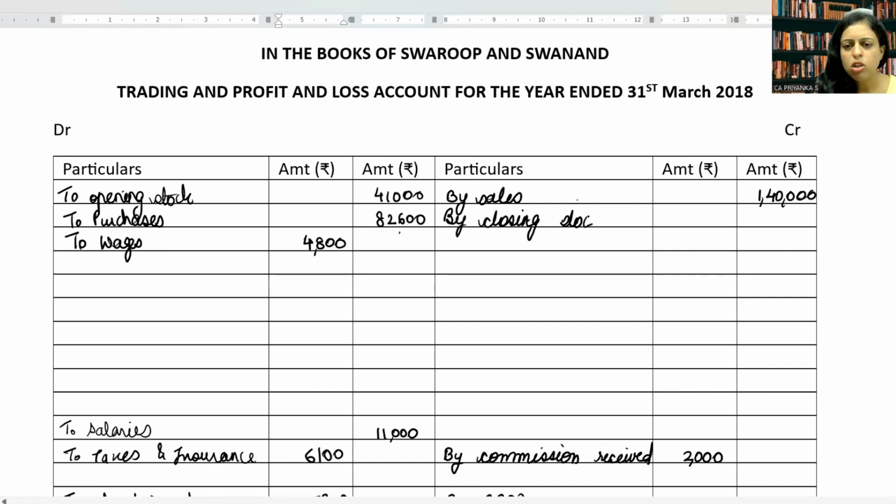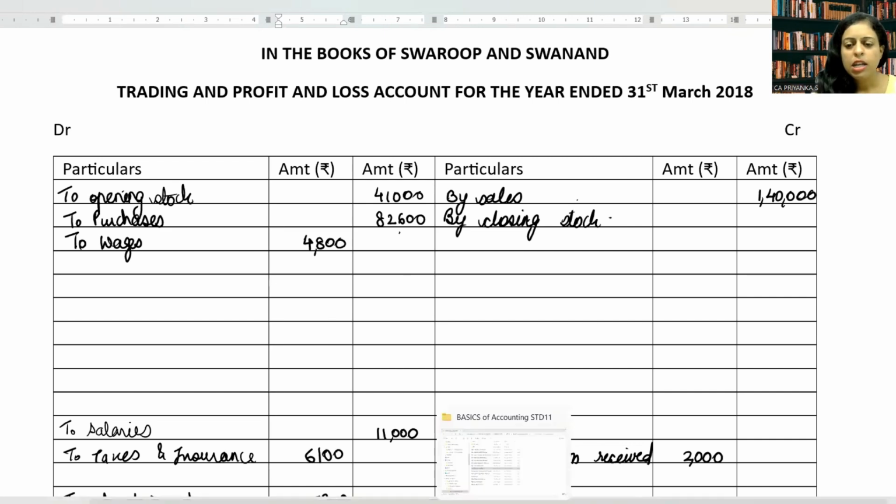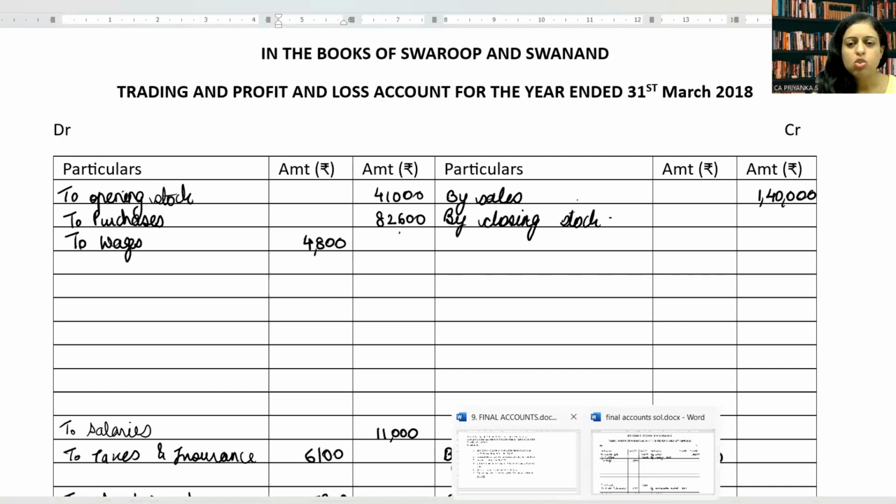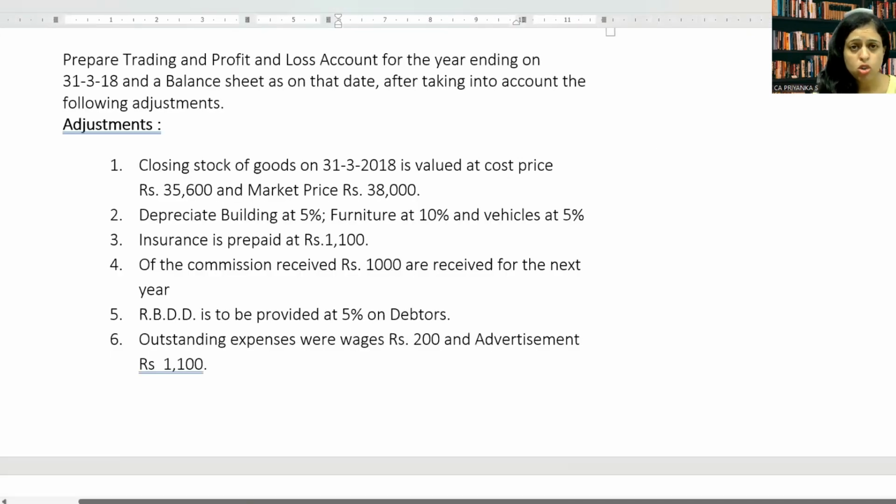Remember, stock that you show in your books of accounts is written at cost or market price, whichever is less. This is another thing to remember when you write stock items. Based on the cost concept of accounting, stock is valued at cost or market price, whichever is lower.